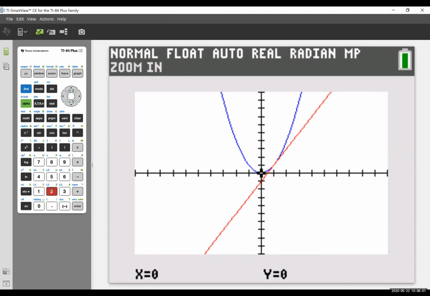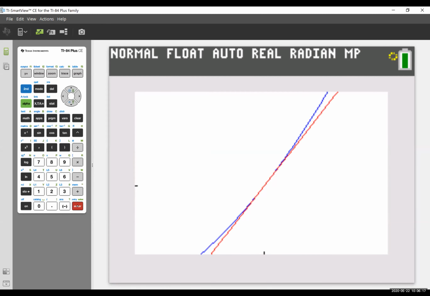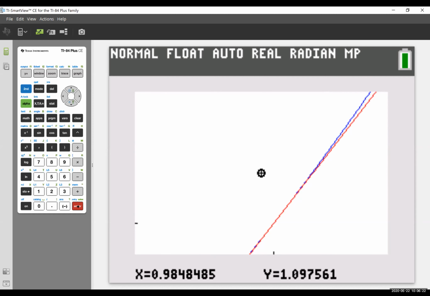So item number 2, if I press zoom, and actually, again, if you look at the neighborhood of the point (1, 1), we could keep zooming in closer and closer and closer until there's a point where eventually we can't tell the difference between the function itself and the line. So I don't know if you're kind of seeing where that red drops off. So that's something we're looking to do as we're going through this process.